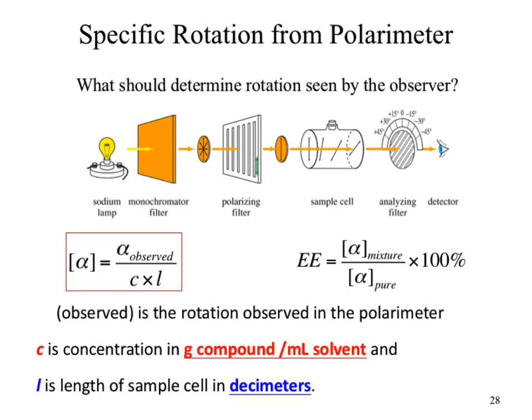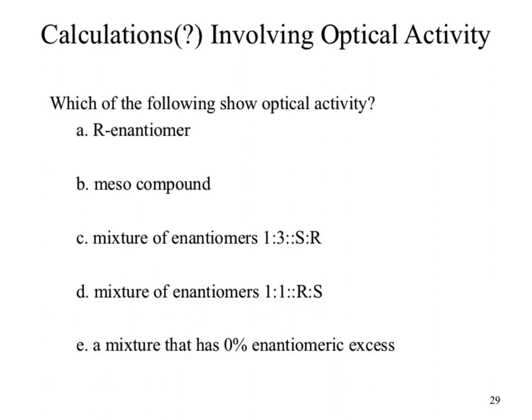So before we get into that, let's get some multiple choice questions out of this. Which of the following show optical activity? If I have an R enantiomer, what does that mean? Do I have a chiral molecule? Yes. So what happens when the light hits the R enantiomer? It rotates.